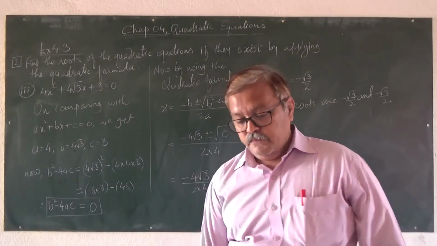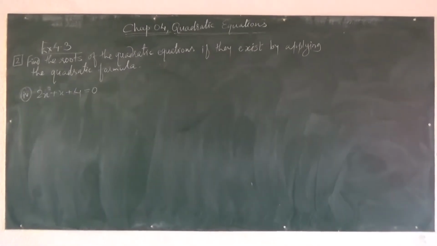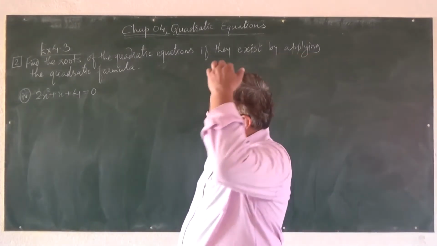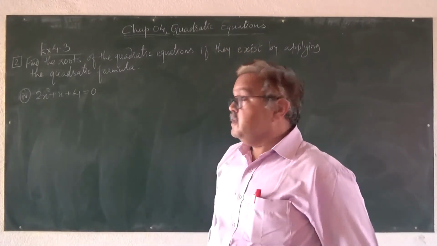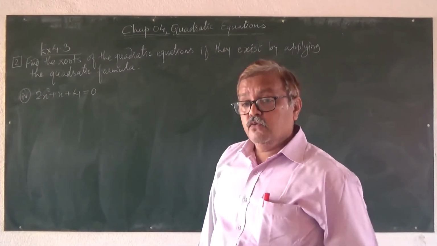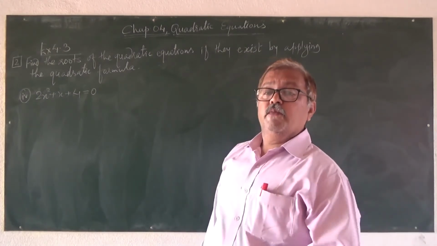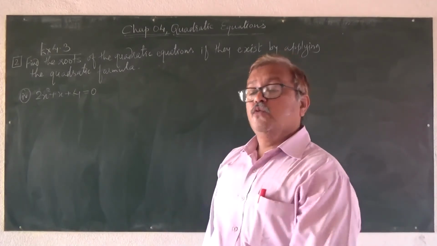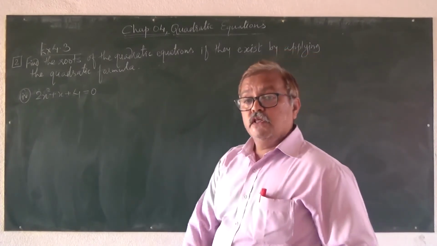Let us see the fourth sub question of main question 1 by quadratic formula, whether we can find the roots. First of all, we want to find b square minus 4ac. The value of b square minus 4ac should be greater than 0 or equal to 0. Then only roots are possible, otherwise roots are not possible. Let us check for this.